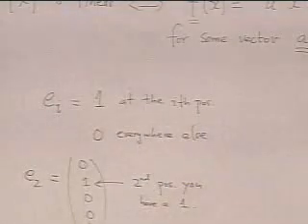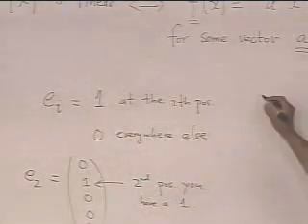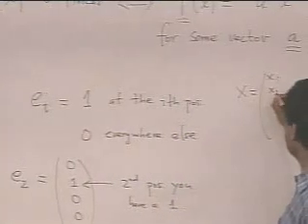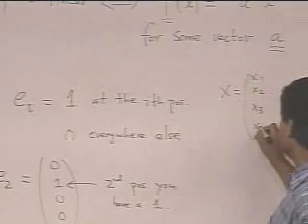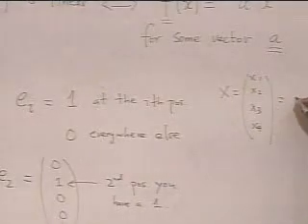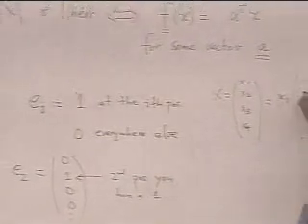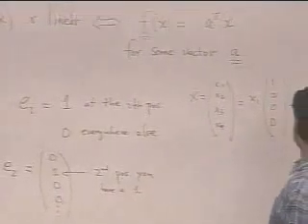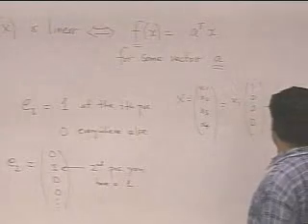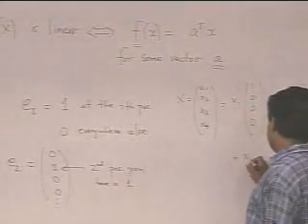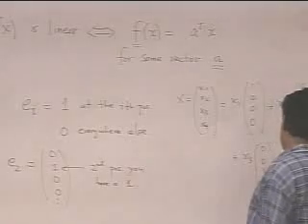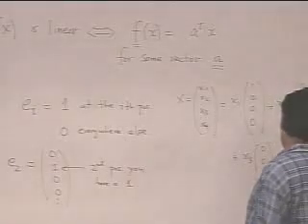All right? So what that summation is simply saying is that if you've got a vector x which looks like x1, x2, x3, x4, let's say, you can always write this as x1 times the vector 1, 0, 0, 0, plus x2 times the vector 0, 1, 0, 0, plus x3 times the vector 0, 0, 1, 0, plus x4 times the vector 0, 0, 0, 1.